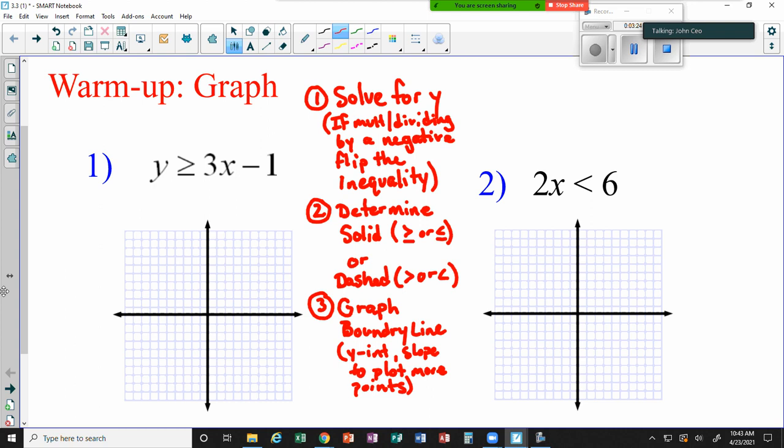So graph your boundary line, start with your y-intercept, use your slope to plot more points. Then you have to make sure when I go to draw it, I either do solid if it's greater than or equal to or less than or equal to, or dashed if it's greater than or less than.